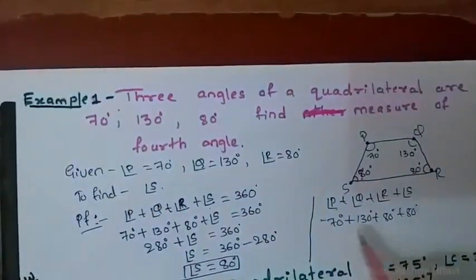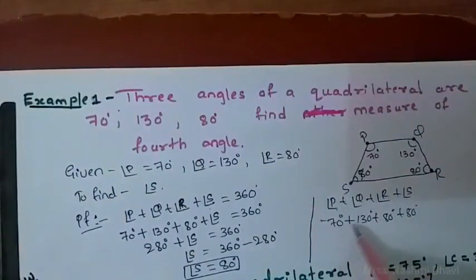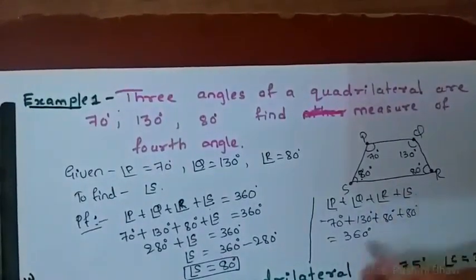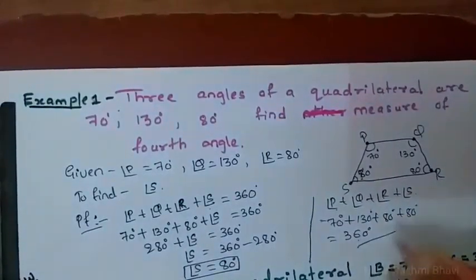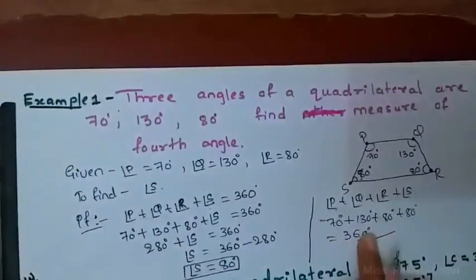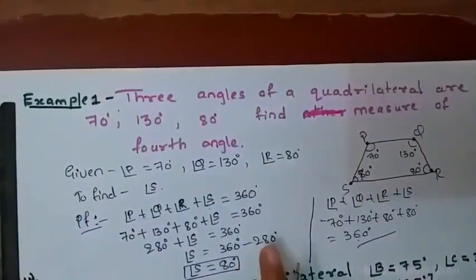So add all these things here. 70 plus 130 is 200. 200 plus 80 degree is 280. 280 plus 80 degree is 360 degree. So the sum of the angles of a quadrilateral, how much did we get? 360 degree. Then this solution is correct. This is the cross verification. How to do the cross verification? Like this only. Okay. Then this solution is correct.